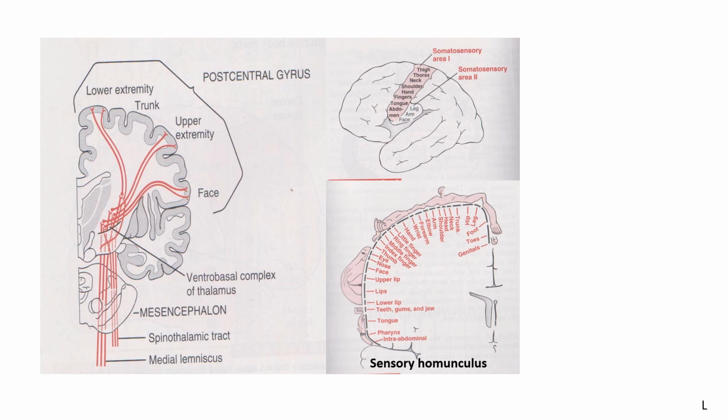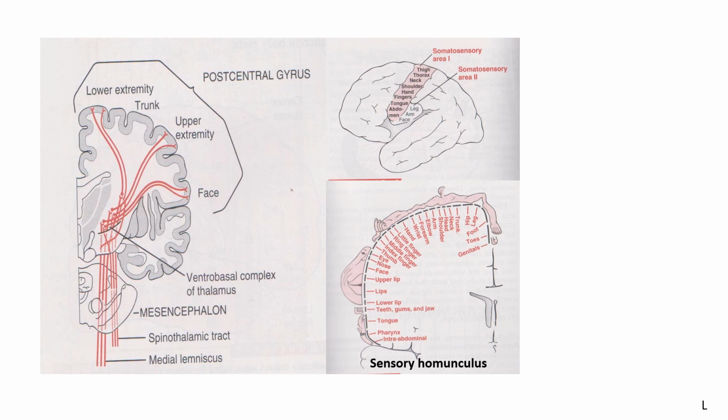So this is in the cerebral cortex, in the postcentral gyrus, the primary somatosensory area, where they fall. As you can see in this diagram, it shows somatosensory area 1 and somatosensory area 2, and you can see where the sensations will land. If it is from the abdomen, it will be right at the lower end. If it is from the thigh, it's right at that end.